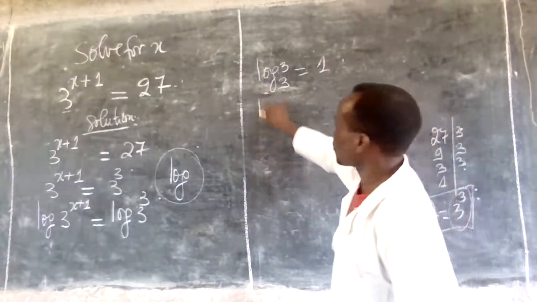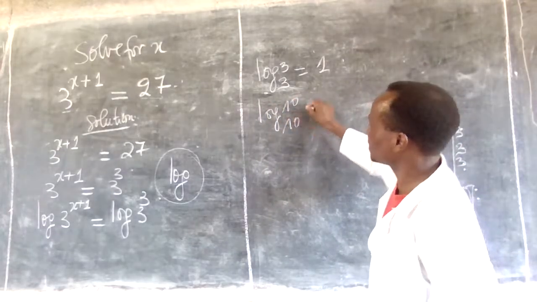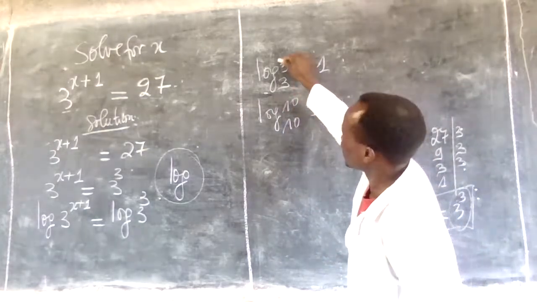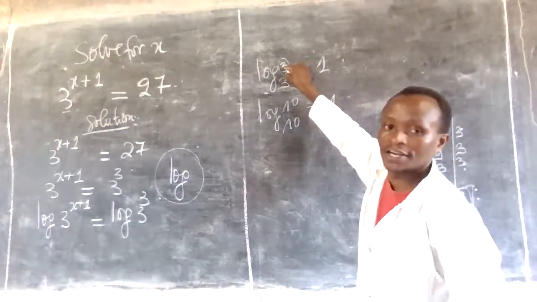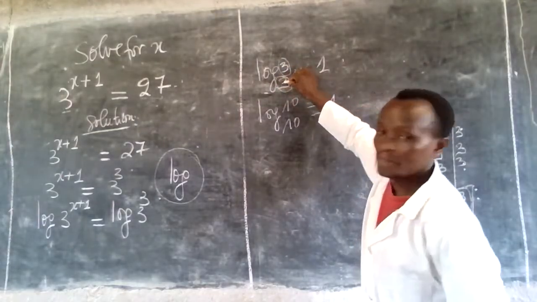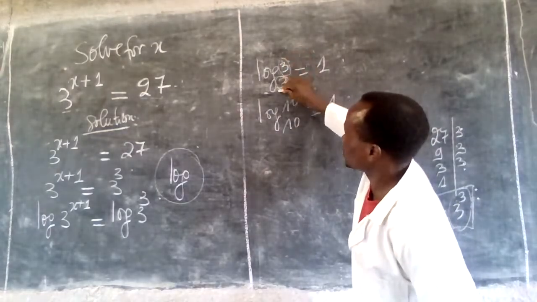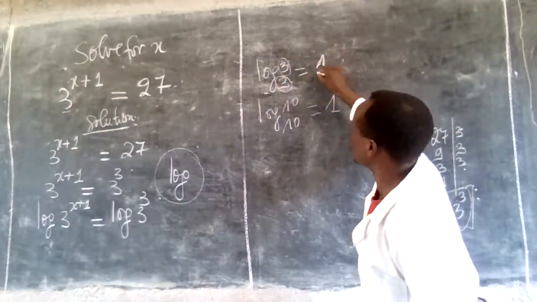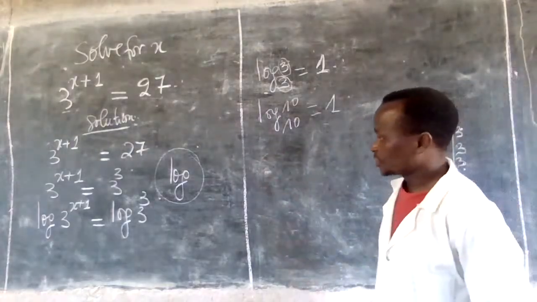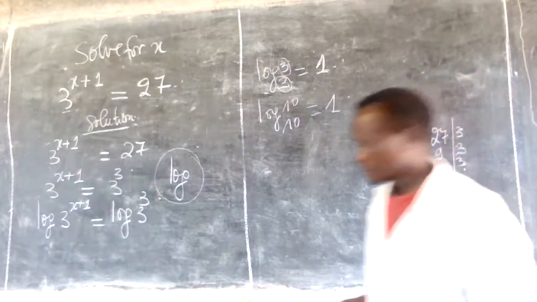Also, when you have the logarithm of 10 in base 10, this is equal to 1. So you have to see whether the number I have here is similar to the base. If those numbers are similar, it is equal to 1. Yes? Now let's continue by solving that kind of equation.